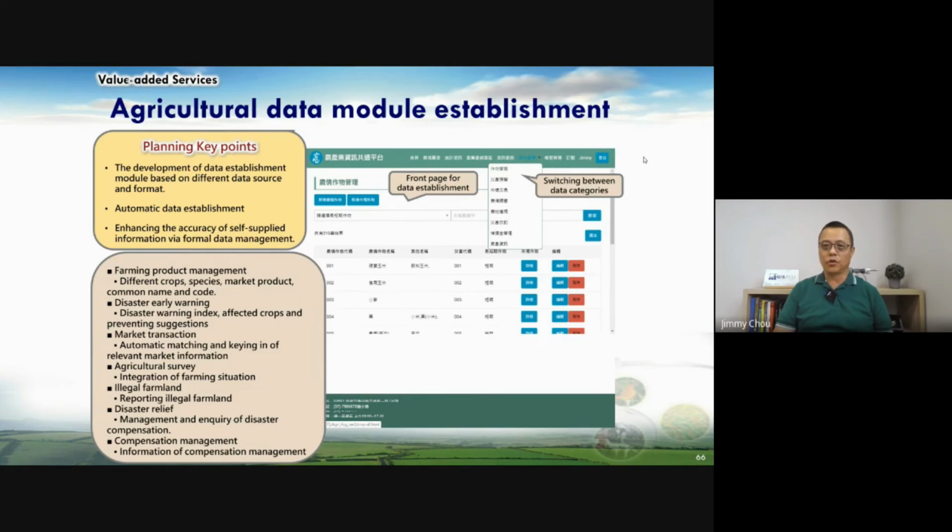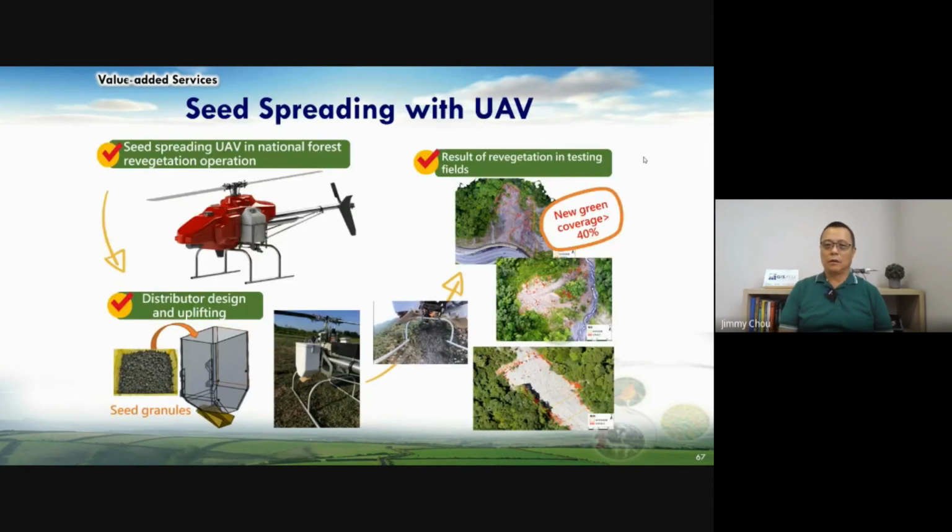To farm certain areas. Even there is a very, very good application by the UAV. The UAV not only carries some kind of sensor, it can do some seed spreading. For example, certain kinds of trees can be grown in certain landslide areas to ensure there is some kind of vegetation. It's not bare land.